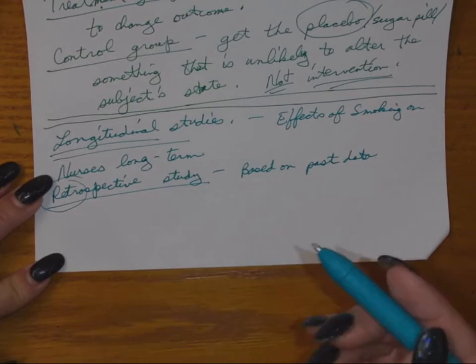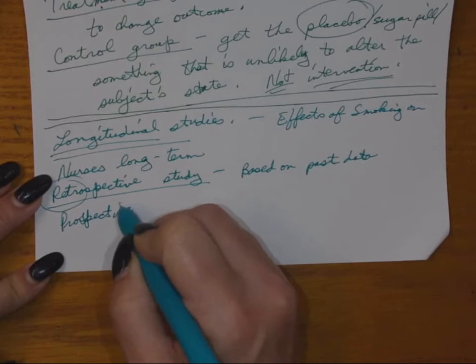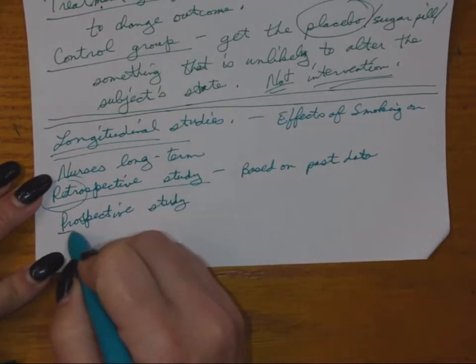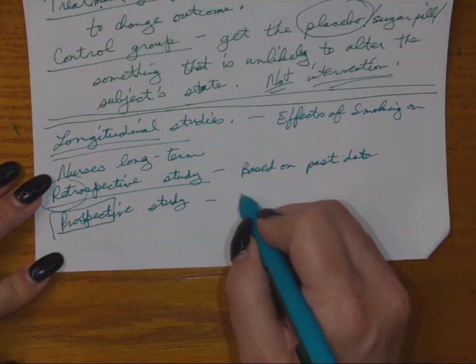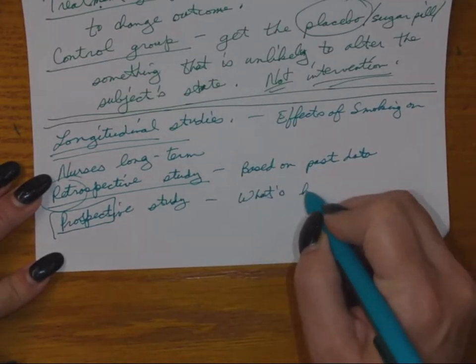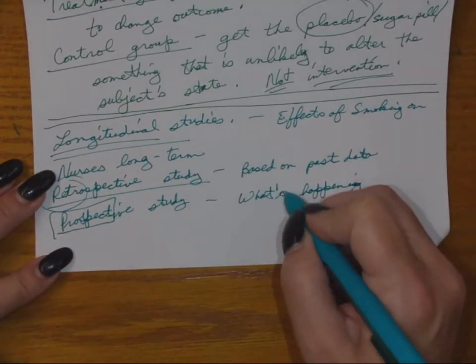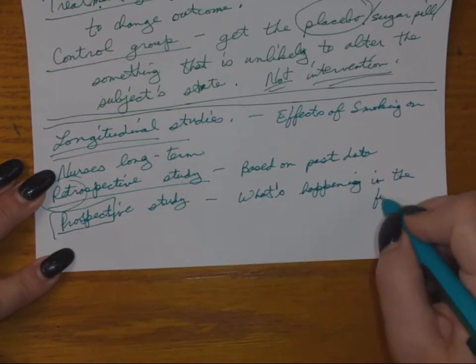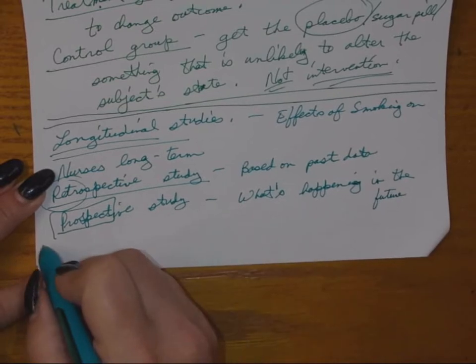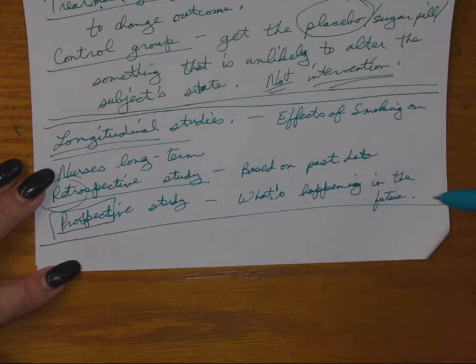And then one more, and that one would be called a prospective study or a prospect. If you have prospects, that's future tense, right? Okay. What's happening in the future? So for this, maybe I start gathering data now, and I say, I'm going to go for the next 3 years, and I'm going to gather data on all the car crashes where people aren't wearing seatbelts.